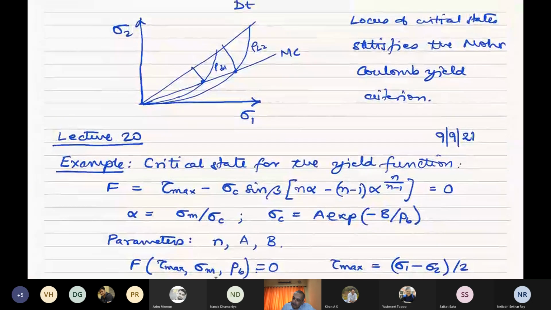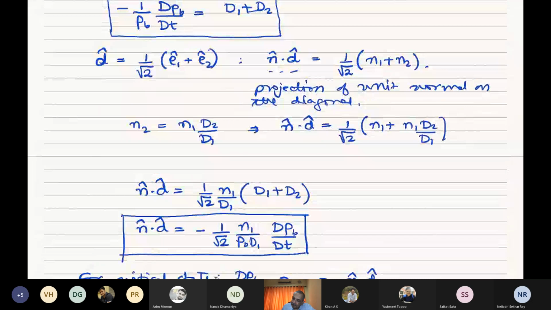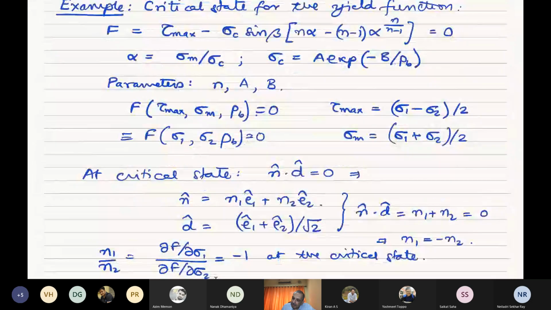Now, if we look at this formula, then you can see that del f by del tau max is just equal to 1.